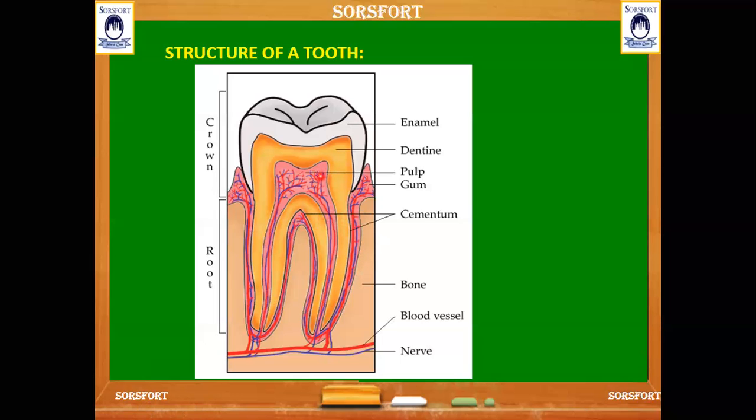And here comes the pulp part. This pink part we call pulp. Pulp is the soft and fleshy part, like our inside skin, which contains blood vessels and nerves. This is the part which sends signals to the brain.